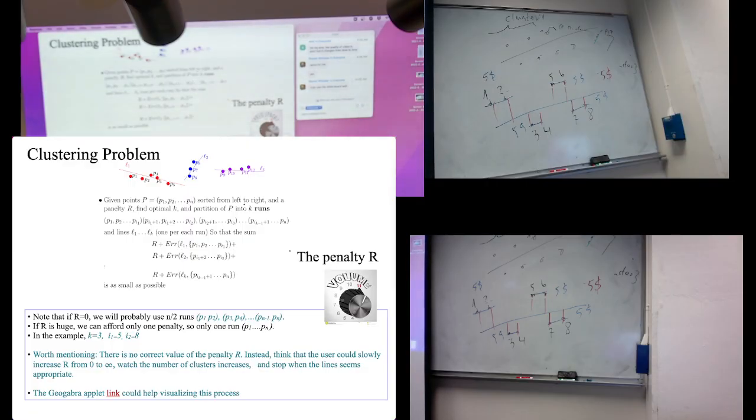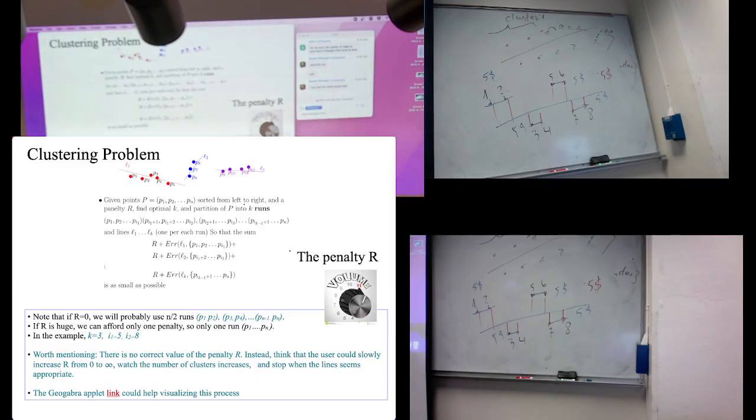So let's state the problem, and send you home, and don't expect that it will be completely clear on our first slide. So our input is a set of points P1 to Pn. Again, think about the x-axis as time. Each point is in 2 dimensions. When I think about a cluster, I'll always think about a contiguous set of points.